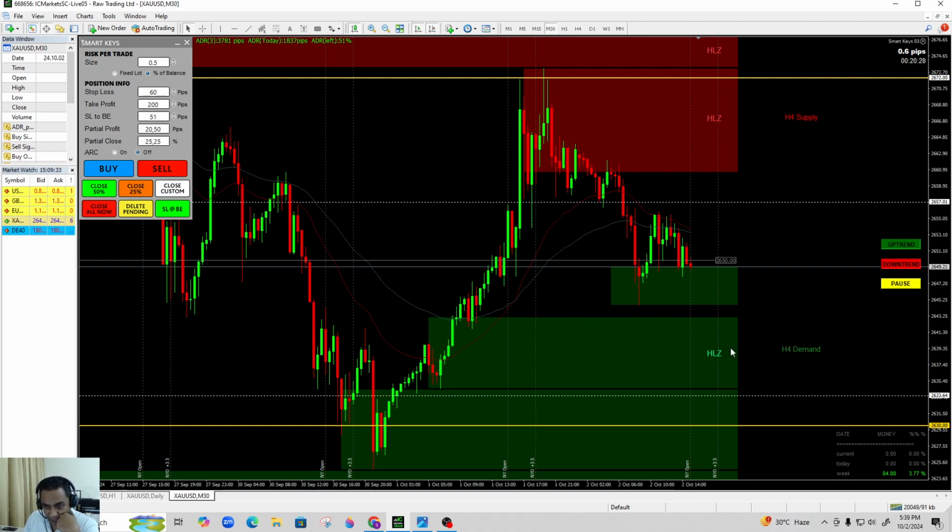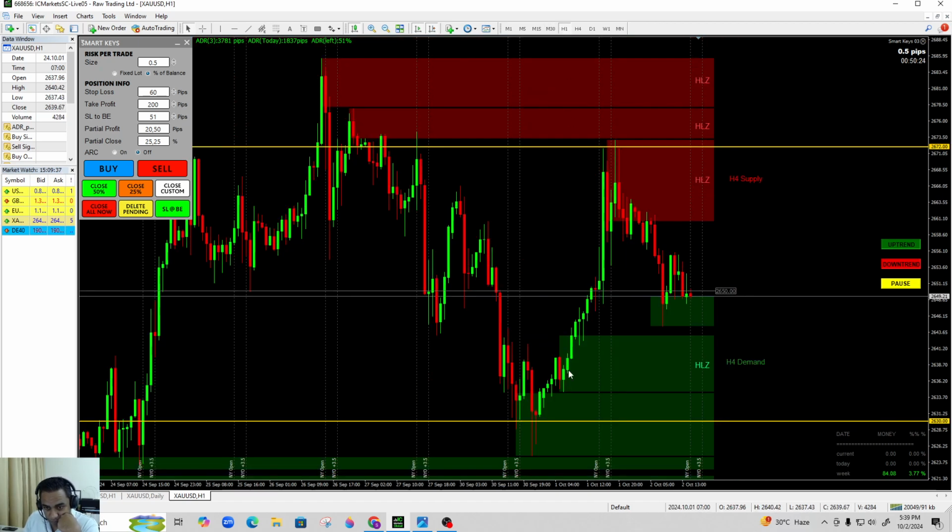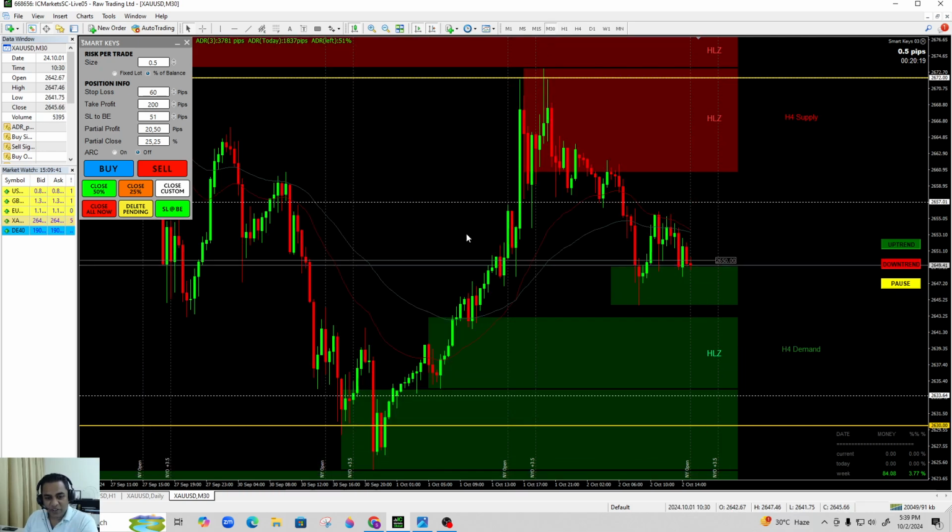So I'm going to look at this high liquidity zone for a possible setup. On the H1, I really don't care too much for looking for liquidity. There is a big M30 candle there. Going to pay attention to that. And there is one here, right?